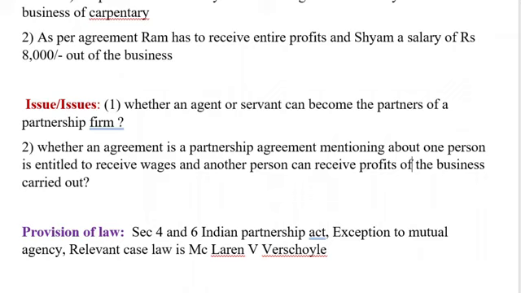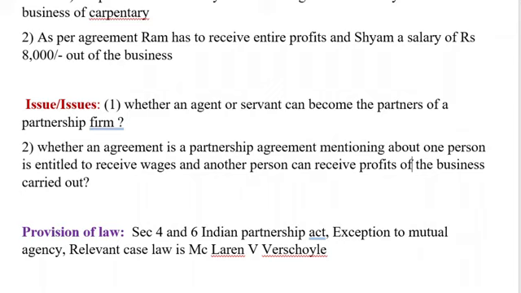Even though he invests the money in the partnership firm like any other partner, he cannot become the partner of a partnership firm, because his conduct is very much relevant to see him as a partner.